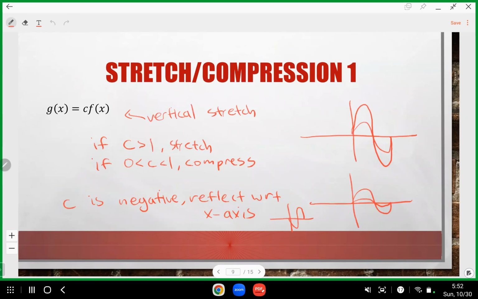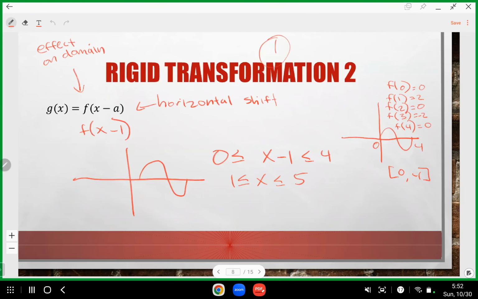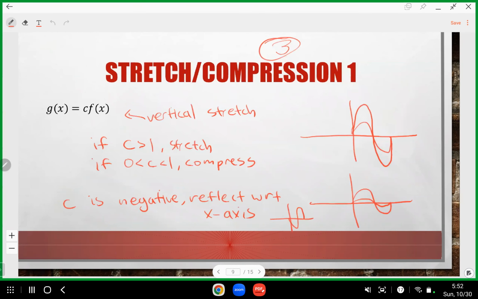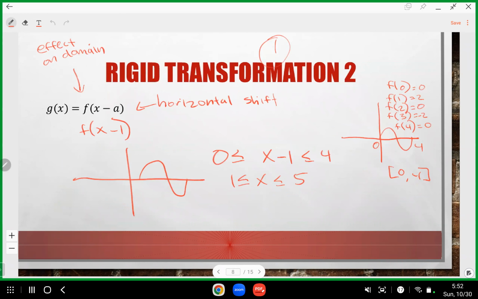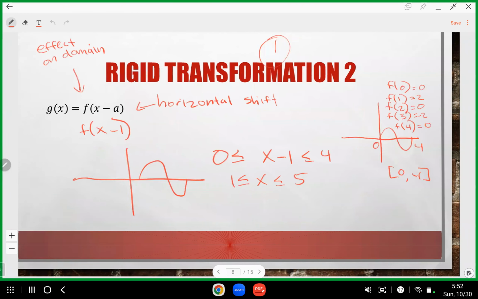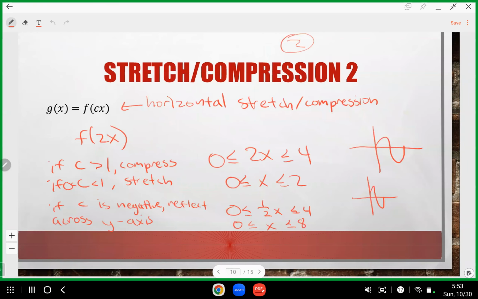Then you're going to do vertical stretches. It's number three. And finally, we're going to have the vertical shifts. That's last. So number one is horizontal shifts, number two is horizontal stretches, number three, vertical stretches, and number four, vertical shifts.